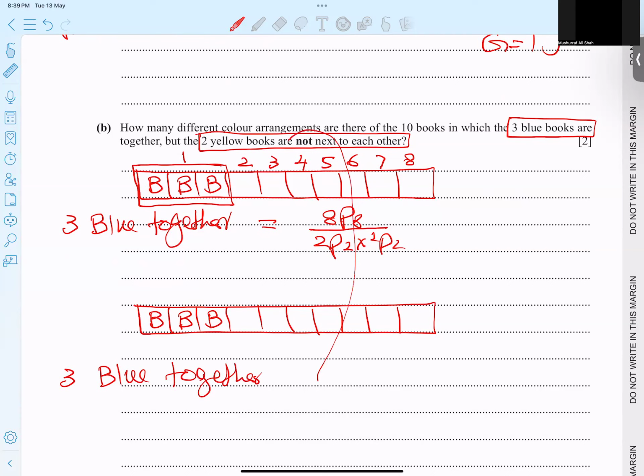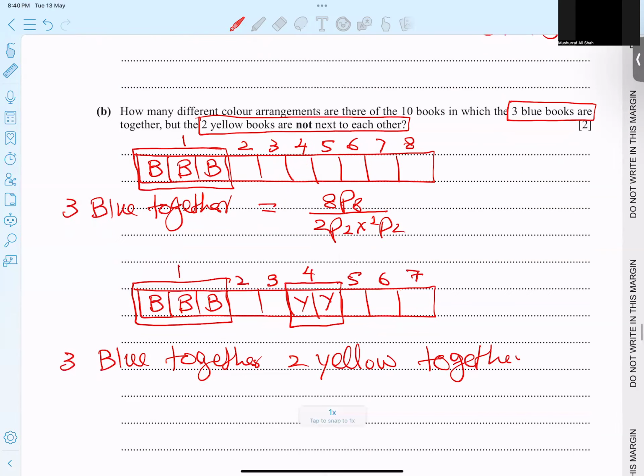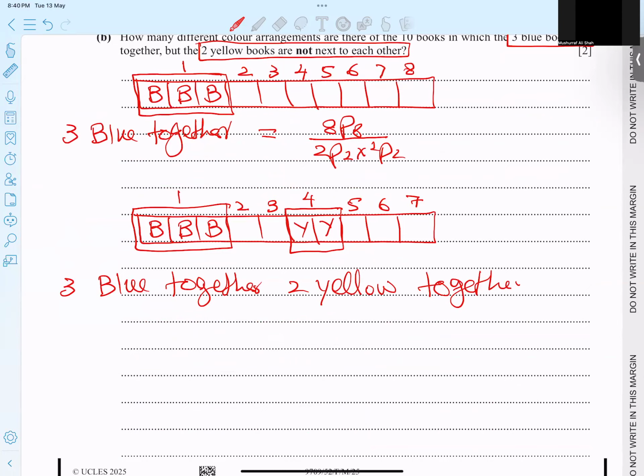Now I talk about three blue together, and he asked about not, but I go in reverse: two yellow together and three blue together. What is the option now? When you talk about two yellow together, students, I will make a block of two yellow and make a block of three blue together. 1, 2, 3, 4, 5, 6, 7. And what is the answer now?